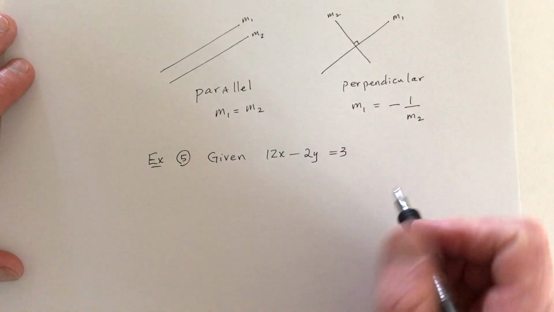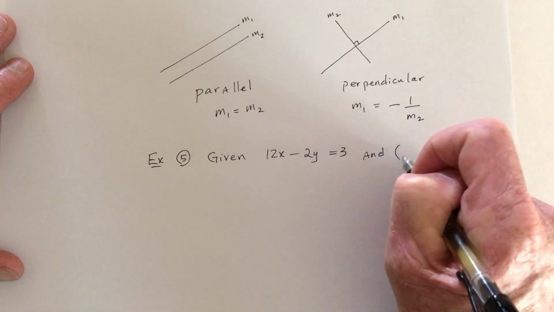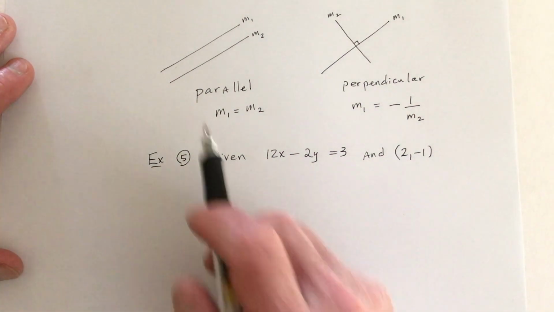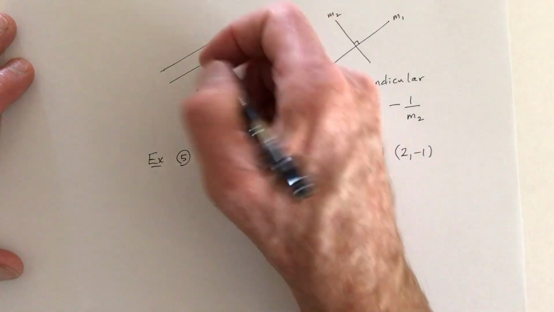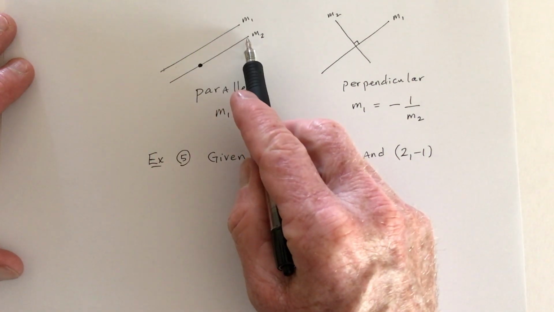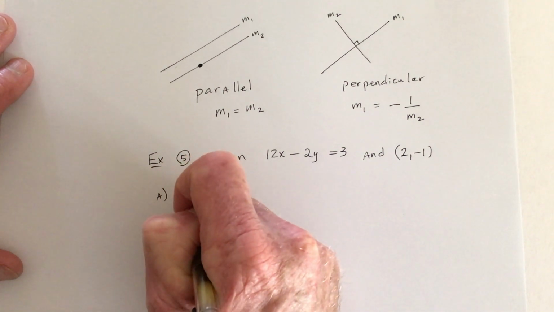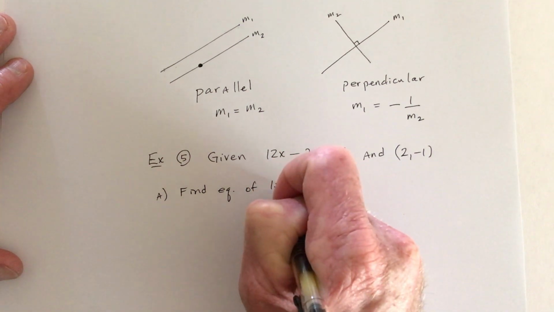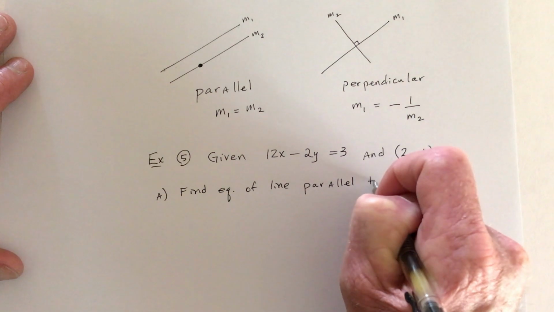So given a line already and a point, so basically if this is the original line that I just wrote down right here, and then you're given a point, then find the equation of the second line. So that's part A. Find the equation of the line parallel to the given line.